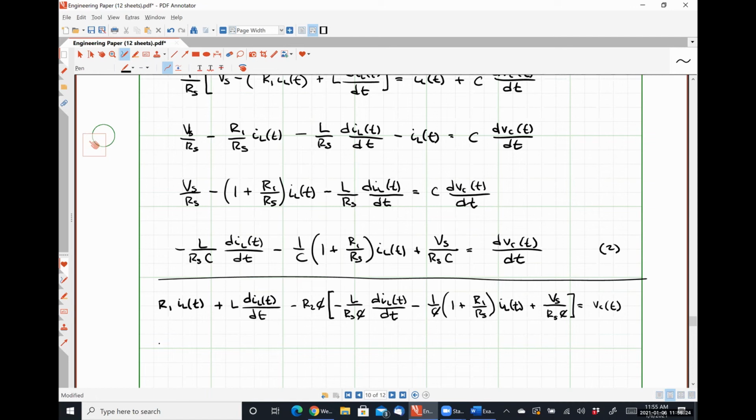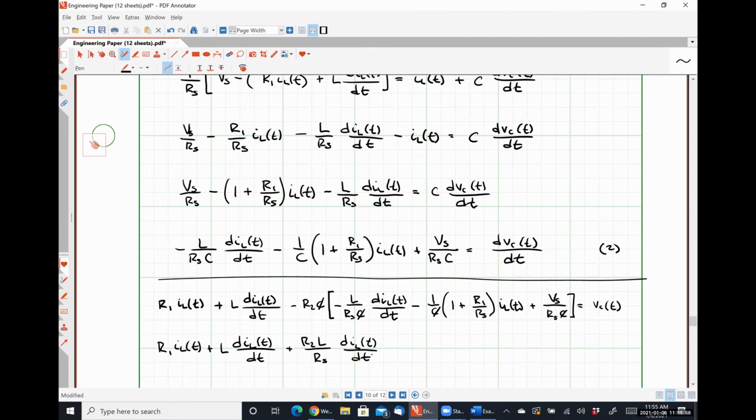So I'm going to have R1 IL of t plus L dIL, minus, plus, let's see, so negative R2 times negative L over RS gives me R2 L over RS positive dIL by dt.